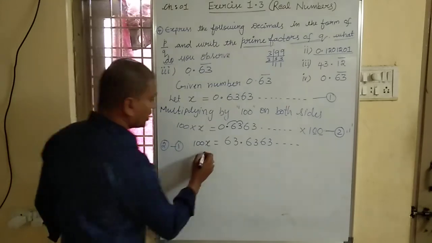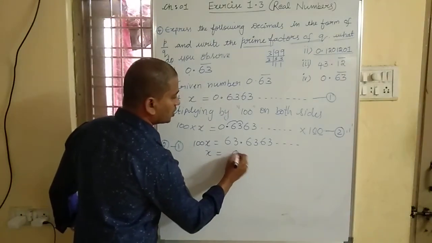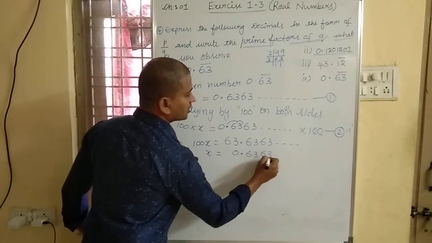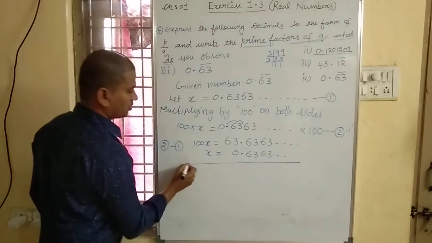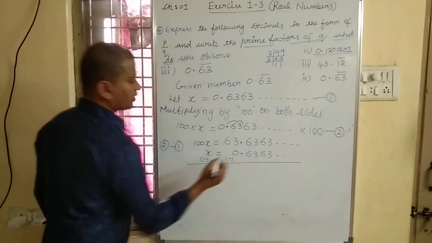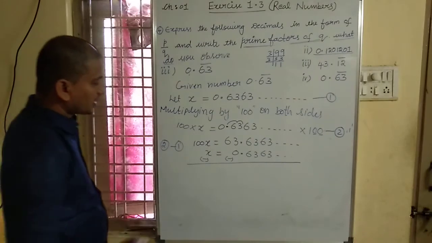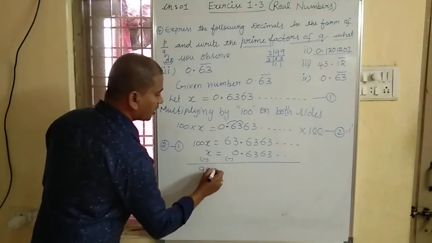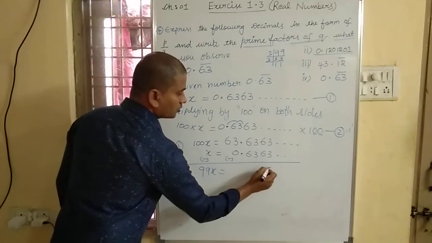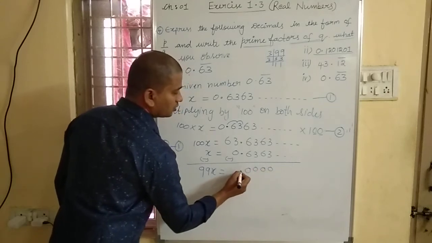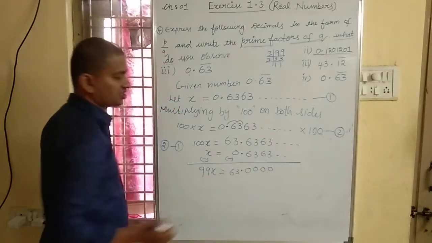And equation number 1 is x equal to 0.6363 and so on. Subtract 100x minus x, again 99x equal to 63.